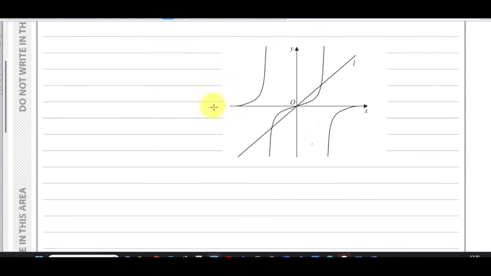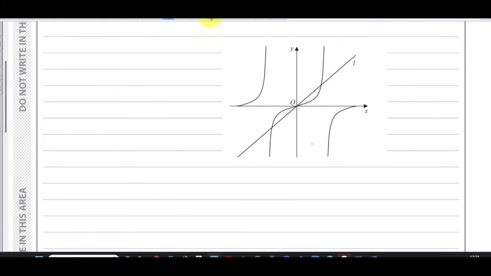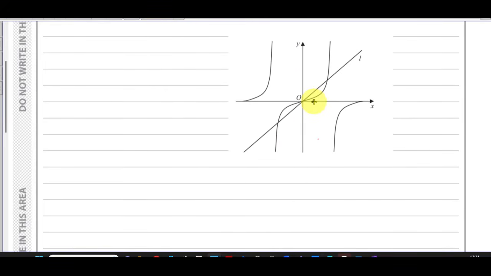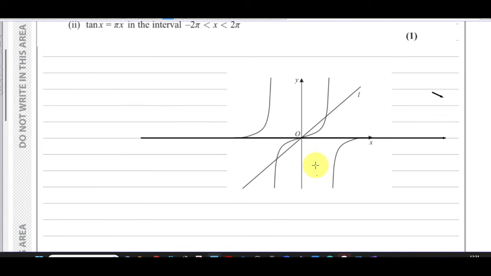So if I extend this on both sides, I've got it between minus 2 pi and 2 pi. So this is minus pi, and this here is pi.